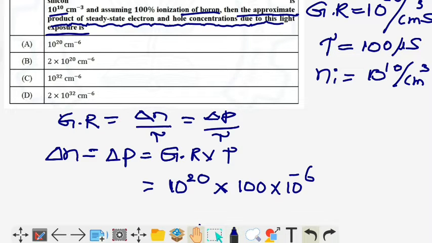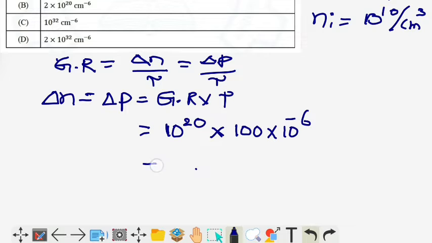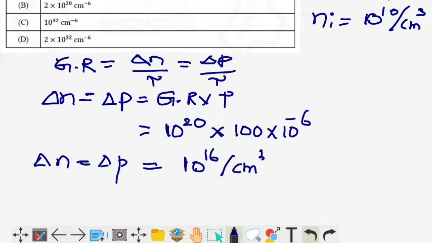Now simplify, then you will get 10 to the power of 16 per centimeter cube, that is delta n is equal to delta p is equal to 10 to the power of 16 per centimeter cube, which is the electron and hole generation due to the light source exposure.